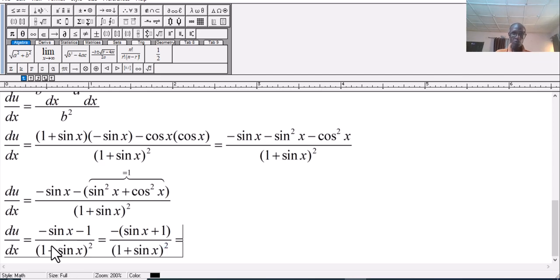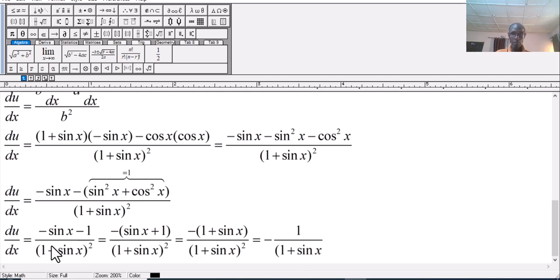For the sake of this, let me arrange this as minus, 1 plus sine x over 1 plus sine x all squared. So at the end of the day, we have minus 1 all over 1 plus sine x. So that's our du/dx.